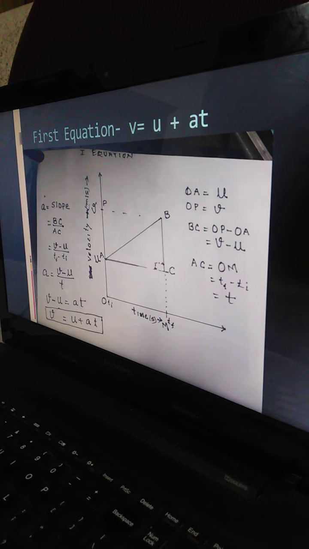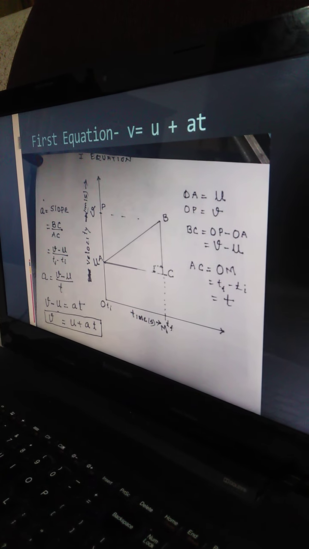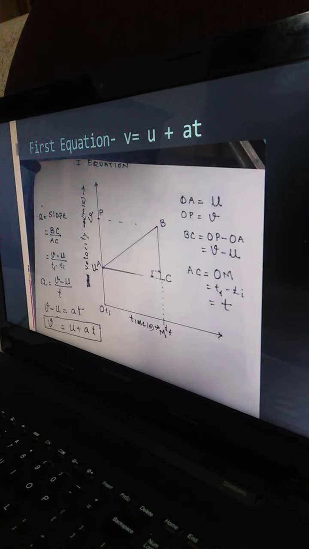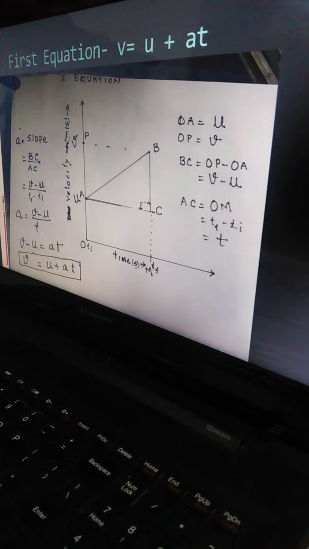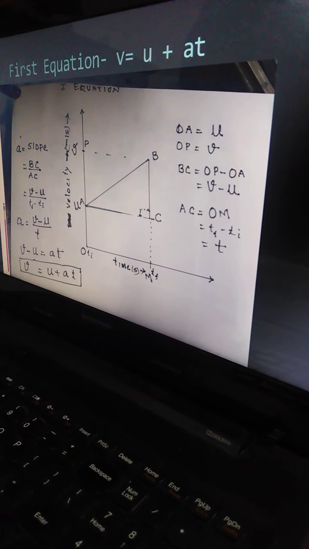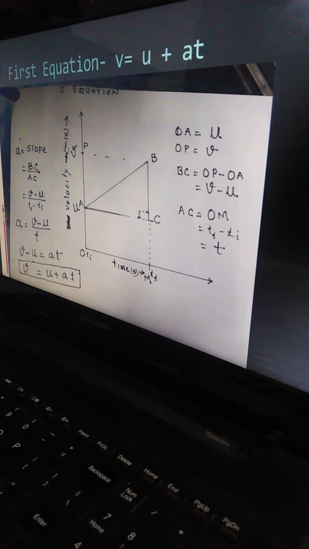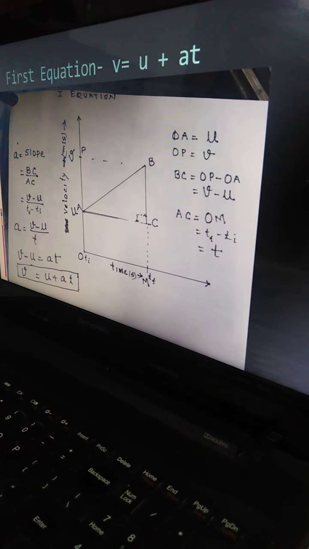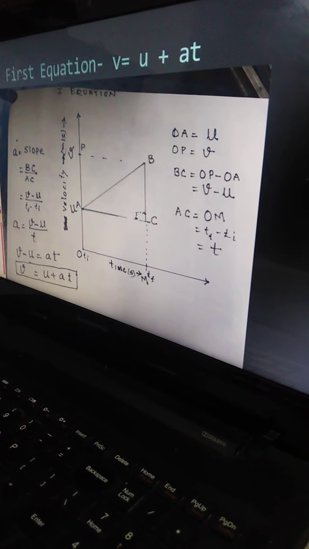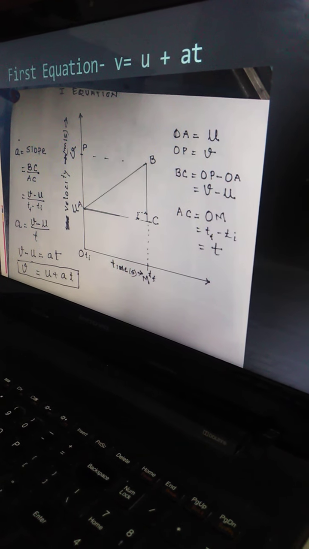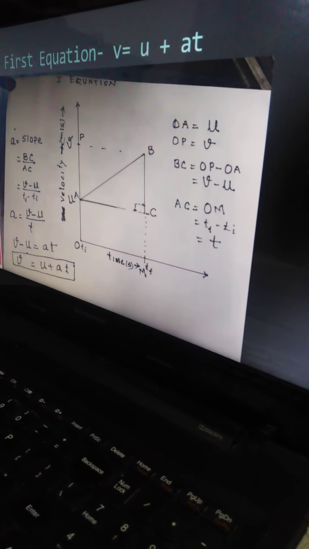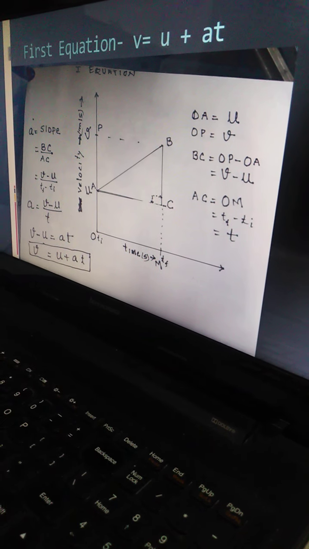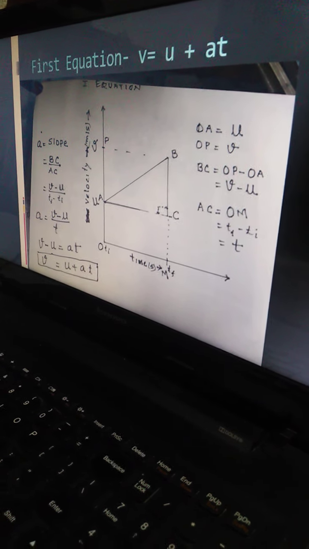BC will be V minus U. AC will be T2 or TF minus TI, T final minus T initial. AC will be equal to, find out, and why also. So AC will be equal to T. Just simple cross multiply and transposing here and there. What you get? V equals U plus AT. Simple.